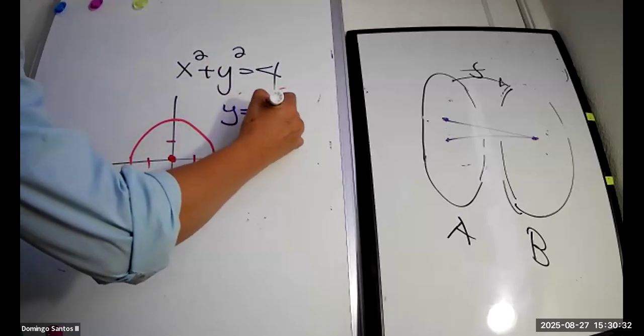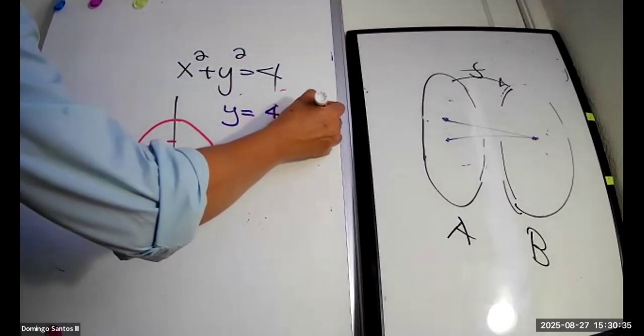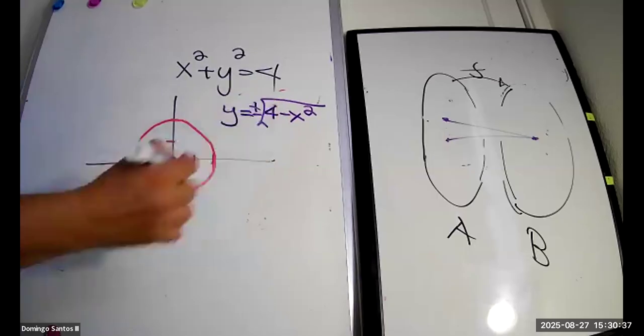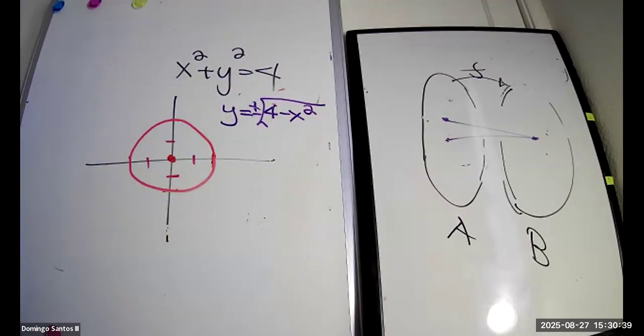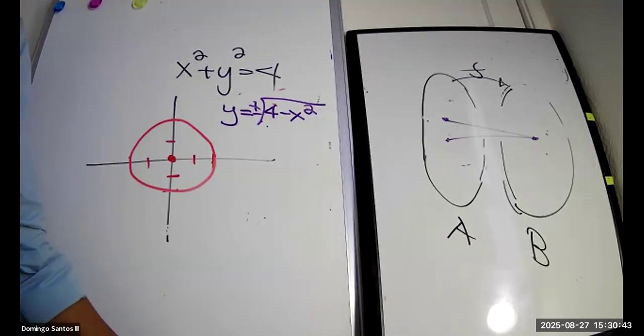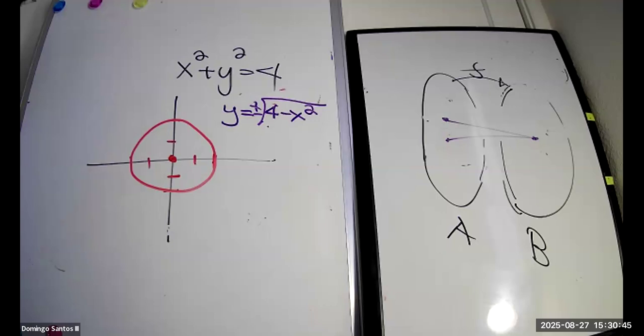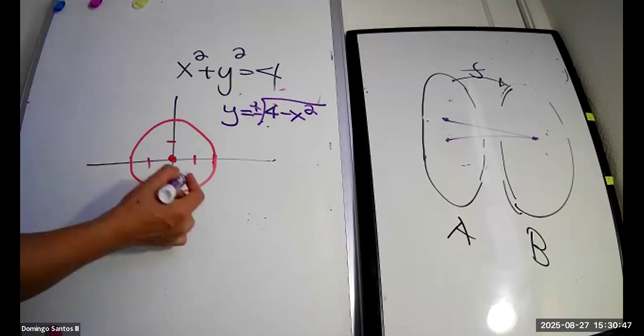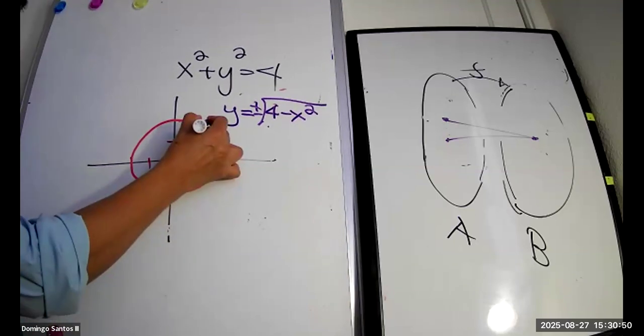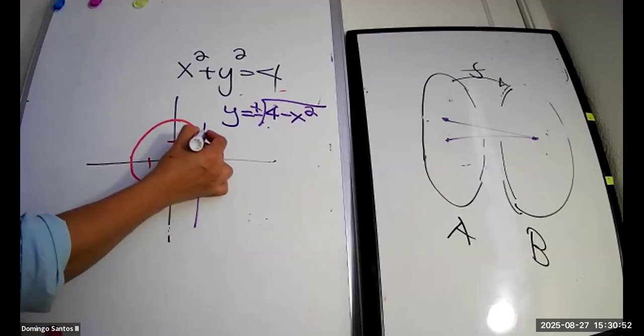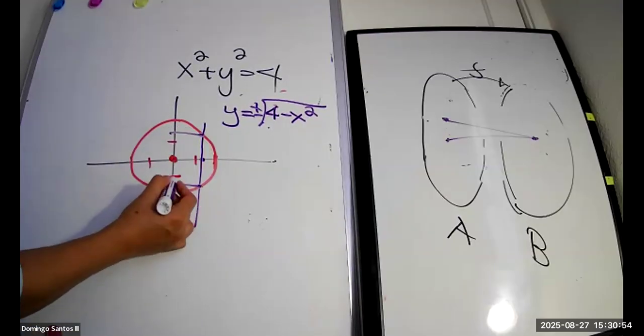So that's y equals plus or minus the square root of 4 minus x squared. That's why it's not a function. Meaning, for a value of x, how many y's do you have? 1, 2, right?